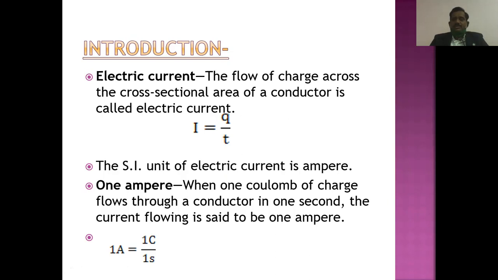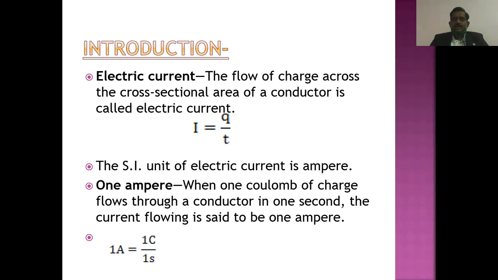So the symbol is A, ampere. Mainly in physics laboratory, we use a microammeter, milliammeter for measuring the current. This ampere is a large unit of current. Now, a question is asked such that define ampere or define 1 ampere.